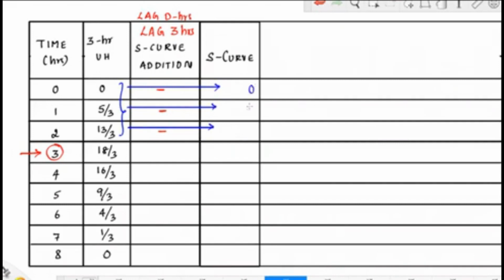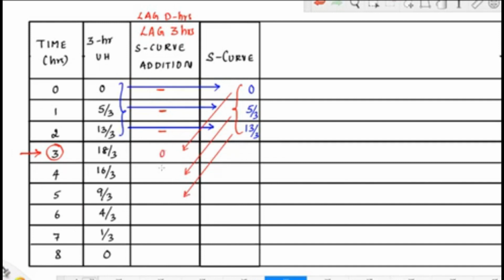So 0, 5 by 3, 13 by 3. Now again you have to drop 3 values to the left-hand side at a time. As you leave 3 spaces, you drop 3 values at a time; if you leave 2 spaces, you drop 2 values at a time.